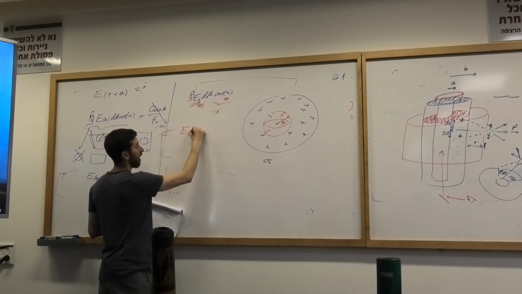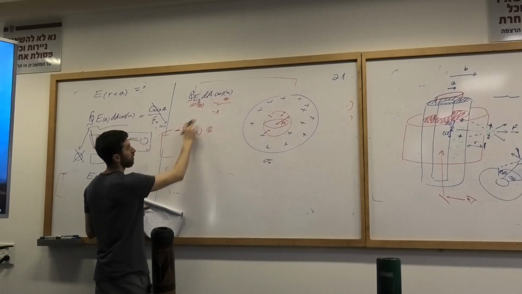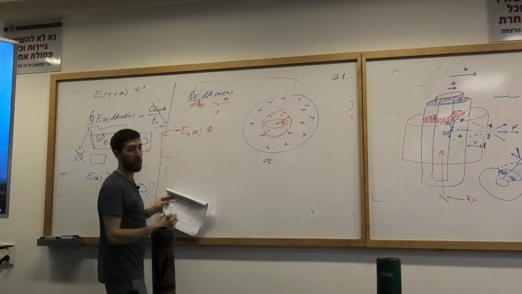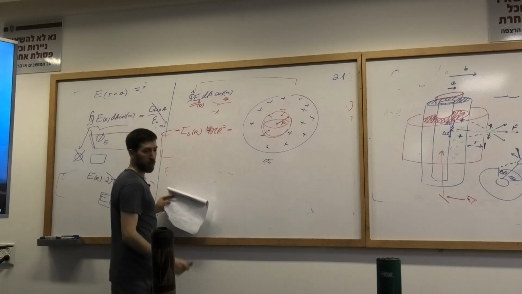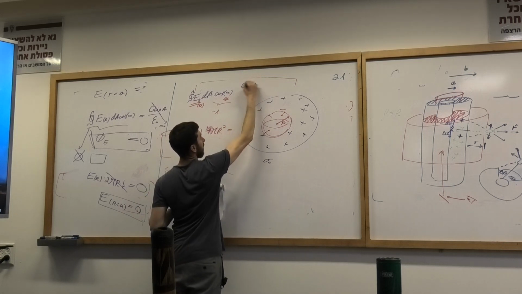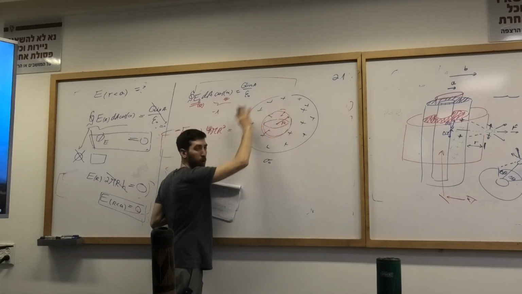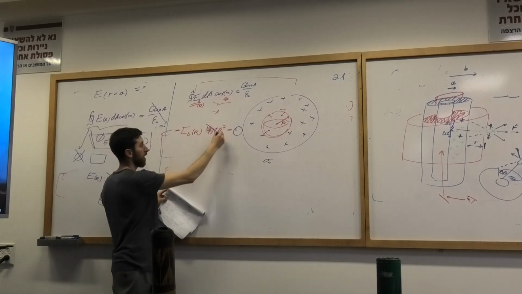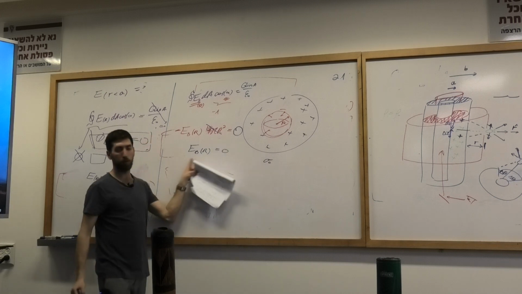E bubble(r) equals minus, because of this sign, the surface area of the sphere, which I recommend you learn by heart, 4 pi r squared, equal to the charge inside, Q in. In our case, all the charge is on the outside, so this is 0. This cancels out, so E bubble must be 0.